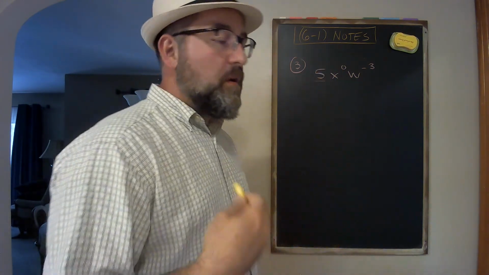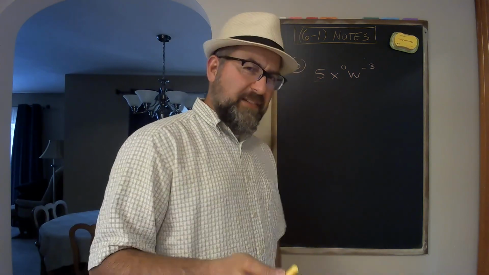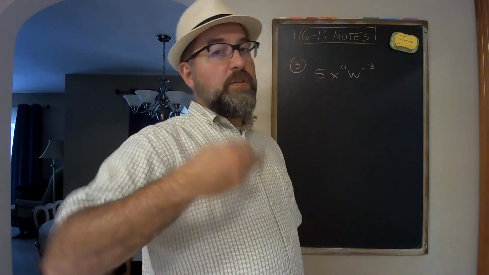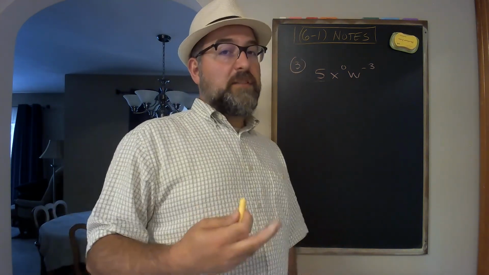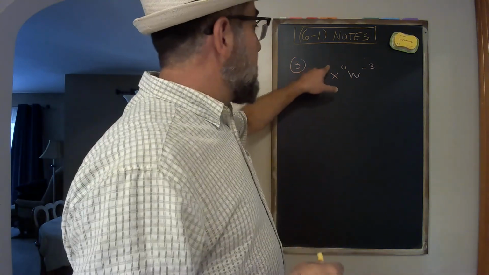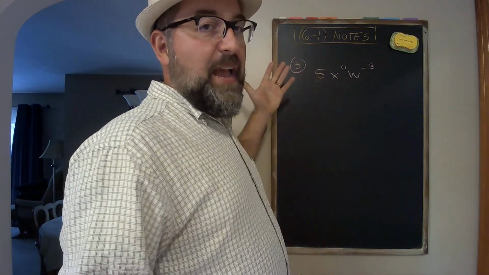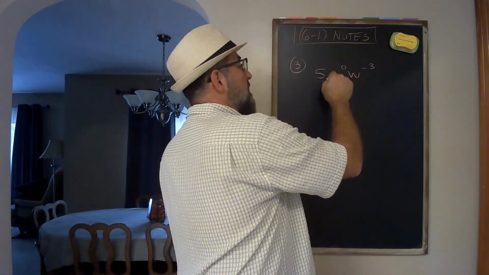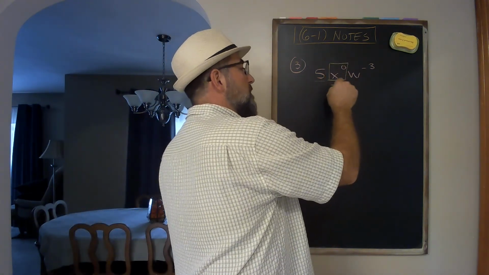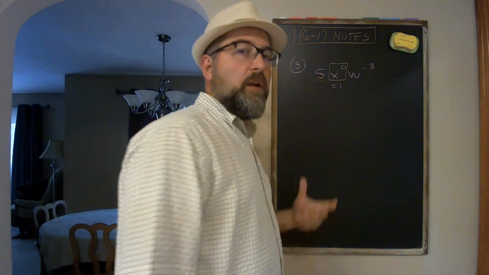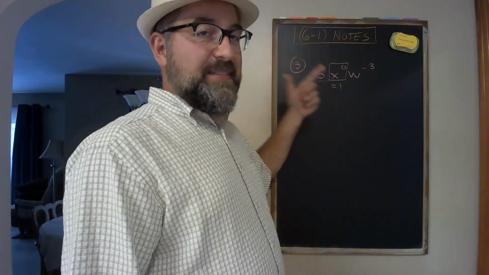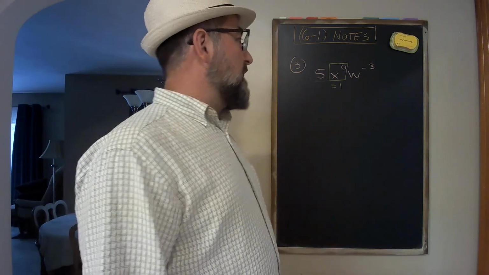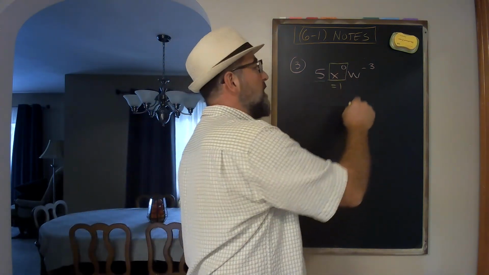Any number or any expression you see that has no exponent written always has an understood exponent of 1. 5 to the 1, nothing happens to it, it just becomes 5. This x has an exponent of 0. We remember anything to the 0 is 1 as long as that x isn't 0, which there's nothing telling us it's 0, so we can write that as 1.